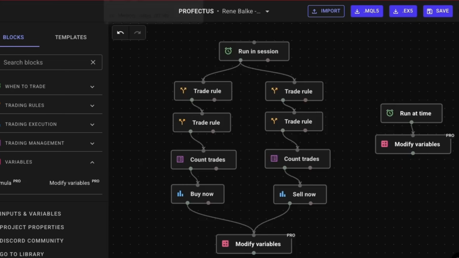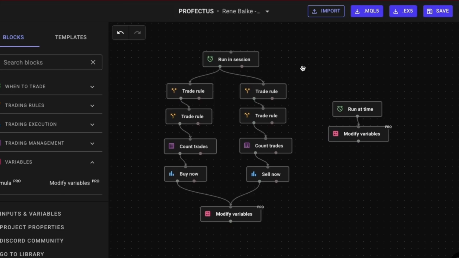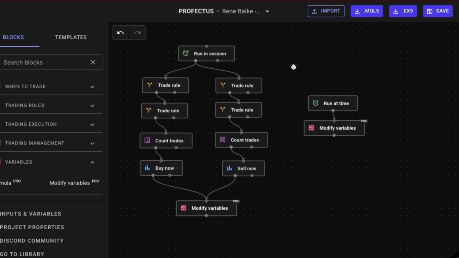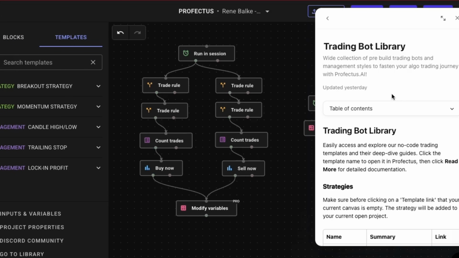The pro version gives you access to so many more interesting trading bots, running through the DNA to give you a little bit of an upskilling session here, how to not only adjust this trading system, but also build your own trading systems from scratch, but also the many templates we're providing you here and in our trading bot library, which you can easily access here, clicking on it, looking for the trade bot library.